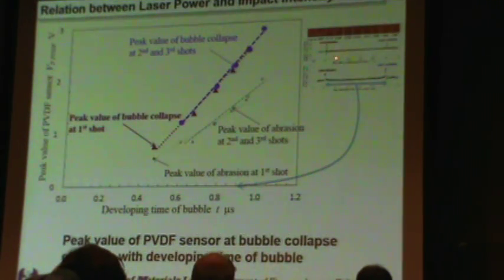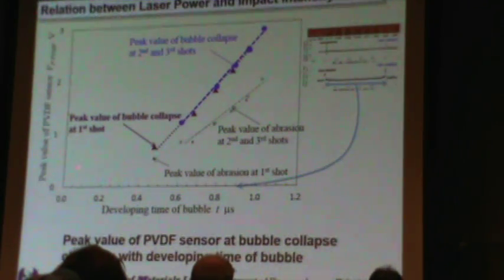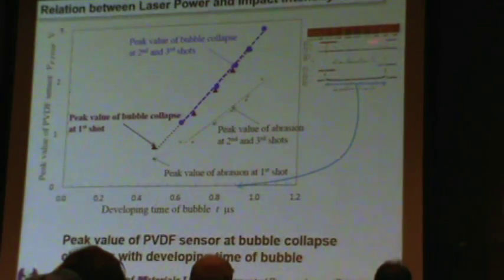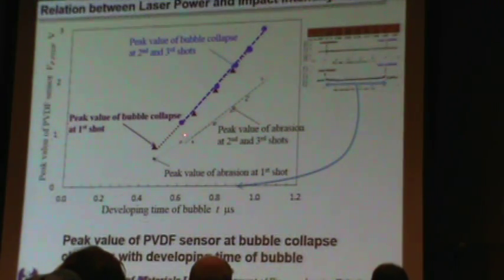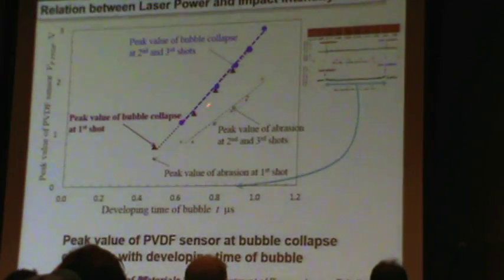If we measure the pulse height or intensity of bubble collapse changing with the bubble size, this is the intensity of bubble collapse plotted against the developing time of the bubble. Actually, I changed the laser power so we can control the bubble size. The peak value of intensity is proportional to the developing time of the bubble.